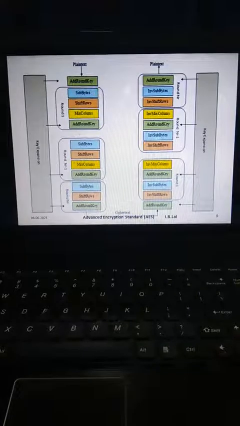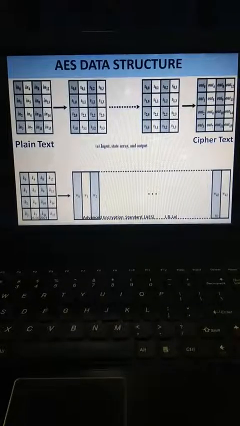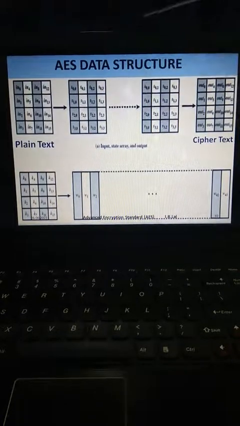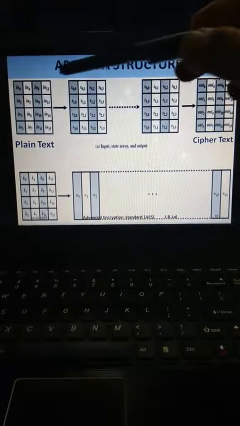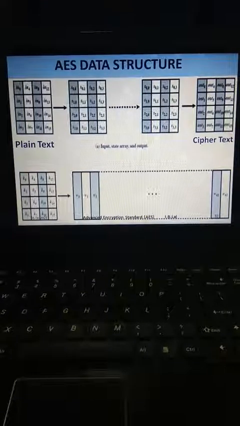Now we shall see the details inside the story of each round. Here we can see the representation of different bytes, different bits. The plain text of 128 bits in AES is not divided into two equal halves as it happens in DES.